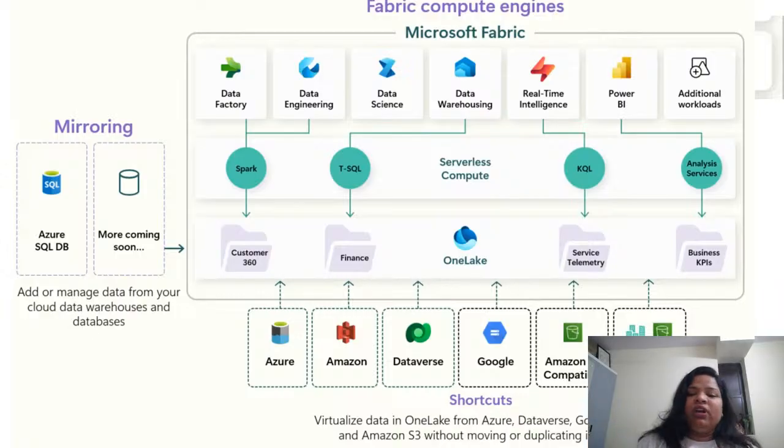So if I wanted to connect with the data with respect to my task, I have different options. It provides me serverless compute service also. If I wanted to process my data using the data warehouse experience, it gives me a T-SQL approach. If I wanted to analyze my data and work with semantic models, it gives me this analysis service, which is Power BI, and I can directly connect with my data under OneLake.